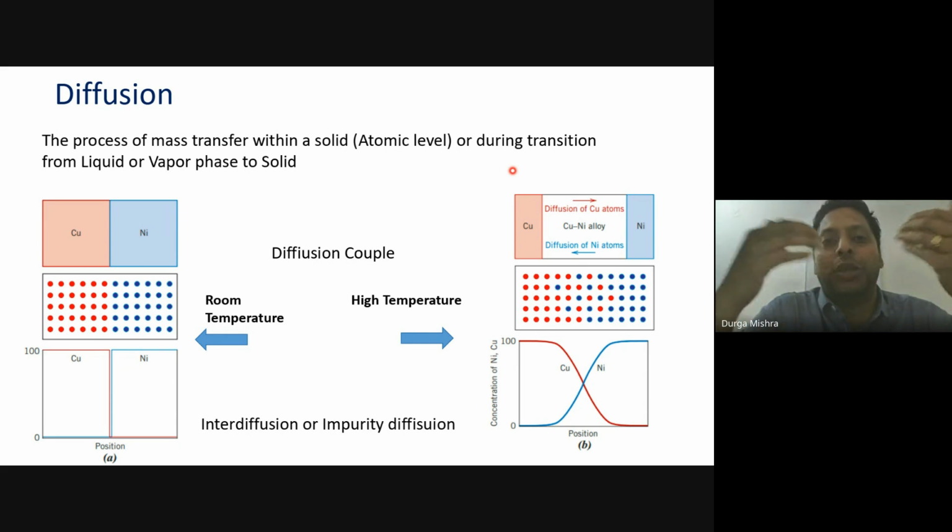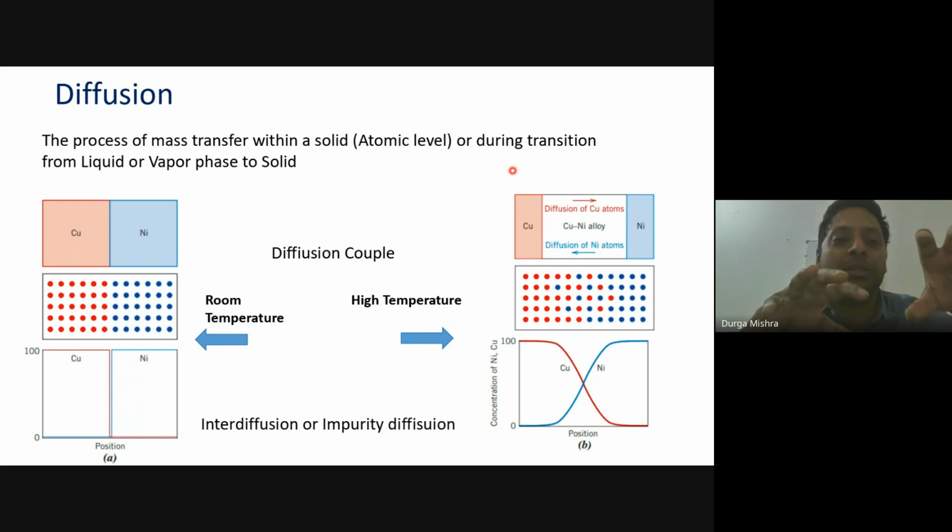We talked about solid solution, where one atom enters, substitutes, and occupies one position. How does this happen? This is what we call the diffusion process. Diffusion means a process in which we are transferring some mass.